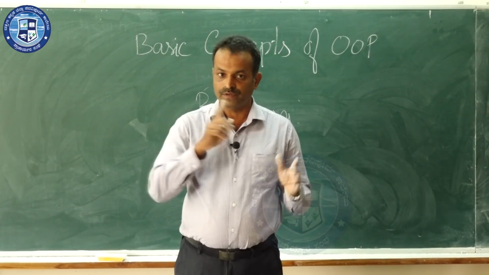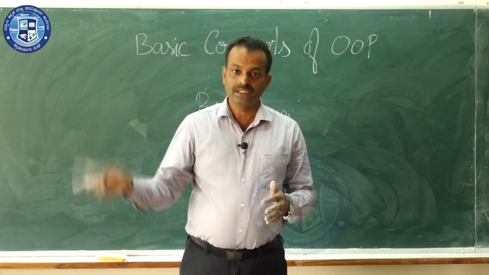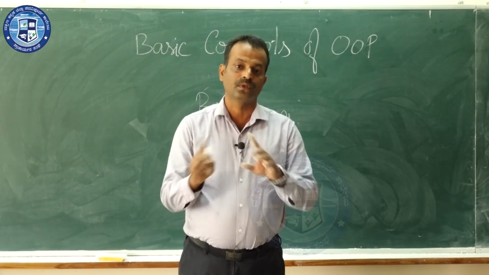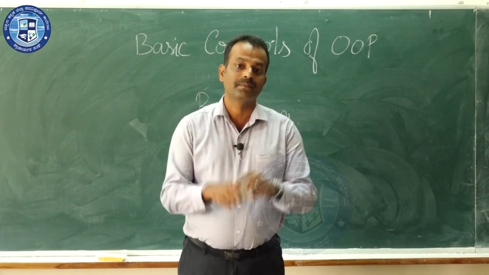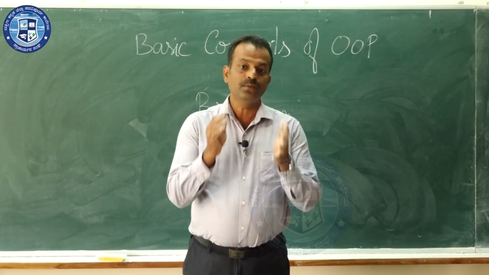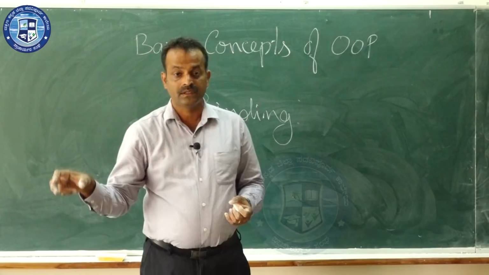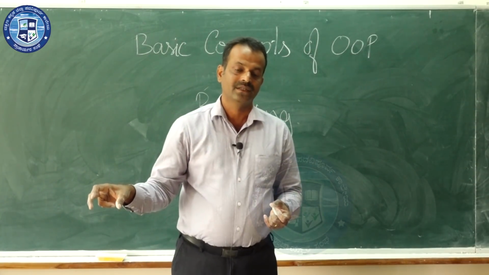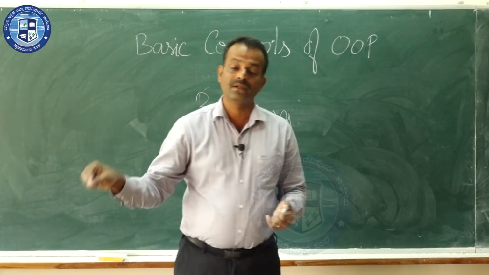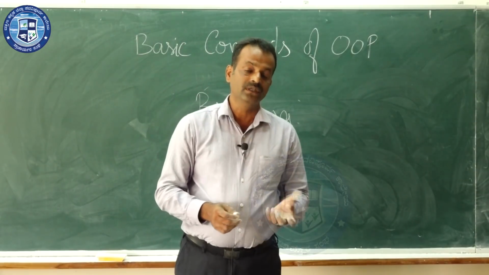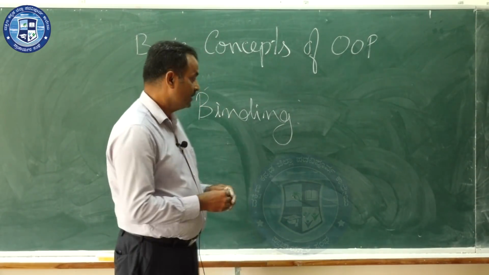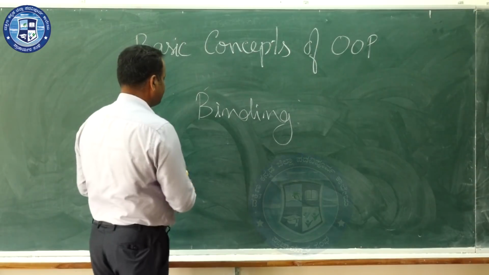When I call the function of one program from another program, I am linking these two programs. Linking is nothing but binding. So when you bind, the code should be made available to the program which is calling, isn't it? It is made available only during the execution of the program. So that is called dynamic binding.